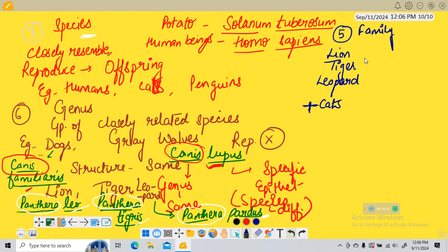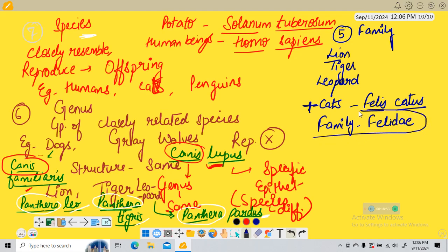Now scientific name of these all you know. Now coming to cat, this is Felis catus. So this is a different scientific name rather than these three. So here the family is Felidae. So these all four come under the family Felidae.